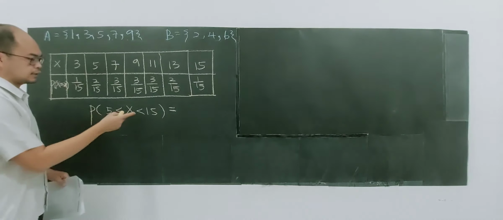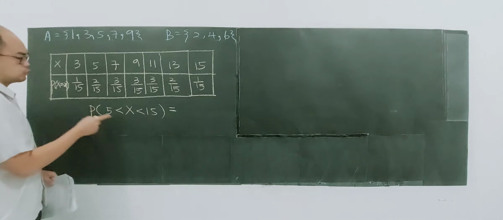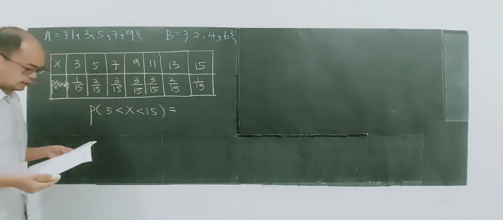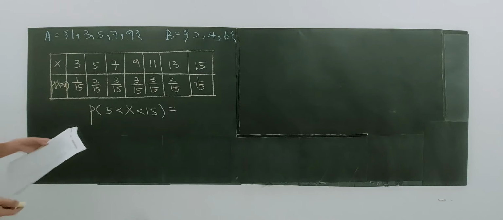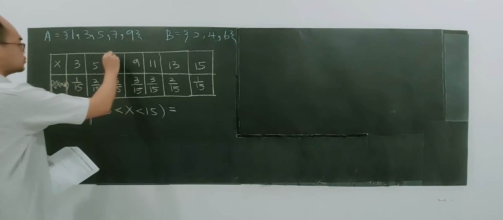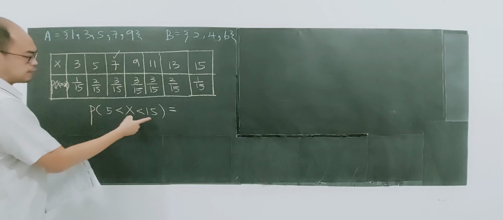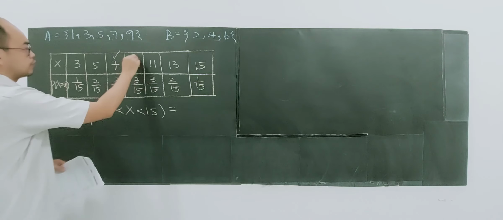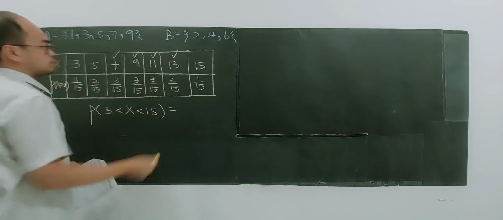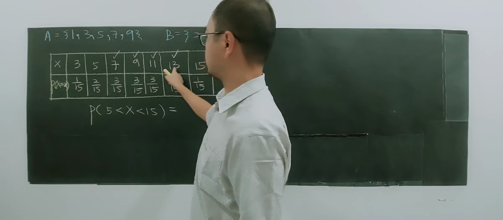So you can see what are the values between 5 and 15. Between means you cannot include the 5, right? So it starts with 7. Any value between 5 and 15 is 7, 9, 11, and 13.